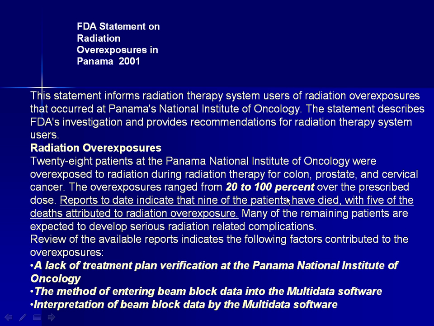Nine of the patients died, 5 were attributed to radiation overexposure. So this is 2001. I haven't seen much update, actually, with the rest of the patients. I think the problem in this case was the order in which they contoured blocks into the treatment planning system, and the order in which points were contoured had some effect on the actual calculation.